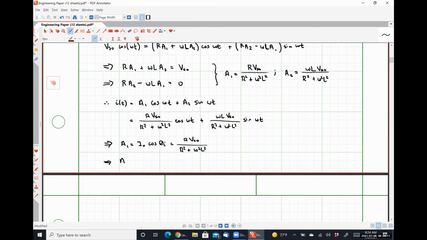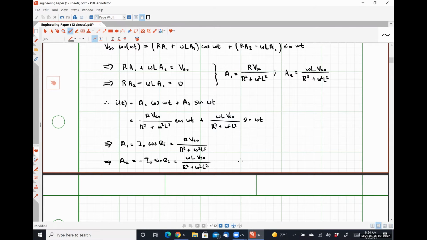Similarly, A2 is equal to negative I naught sine theta I, is equal to omega L Vs naught over R squared plus omega squared L squared.